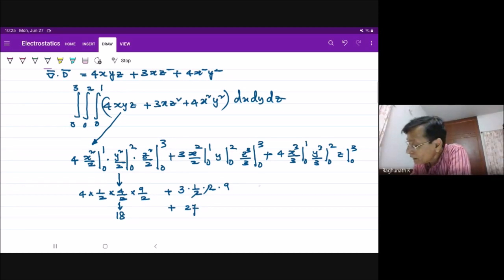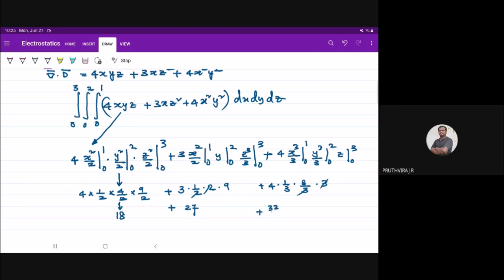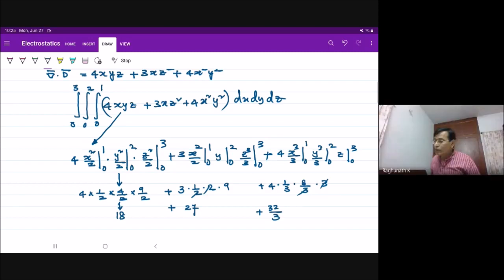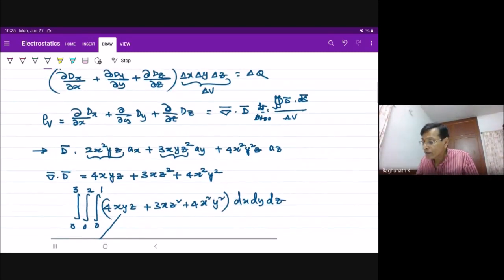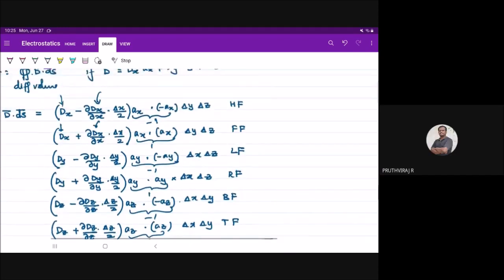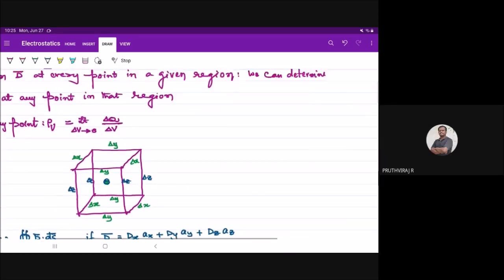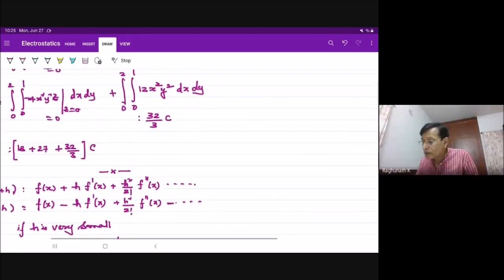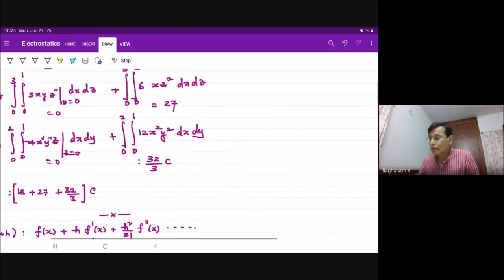What about the next integral? 4 into 1 by 3 into 8 by 3 into 3, which is 32 by 3. So 18 plus 27 plus 32 by 3. What were we getting earlier? The same, 18 plus 27 plus 32 by 3.